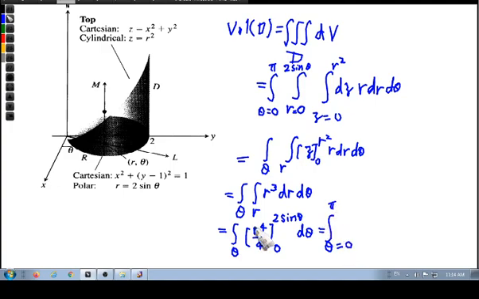Now substitute the r limits: 2 to the power 4 is 16, so 16 sin to the power 4 theta divided by 4, d theta.